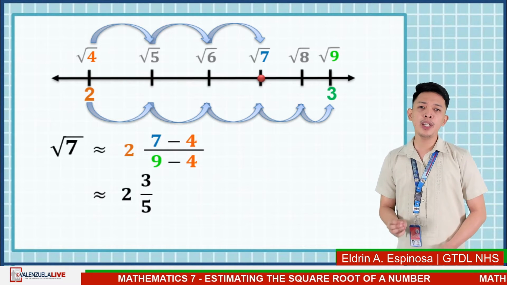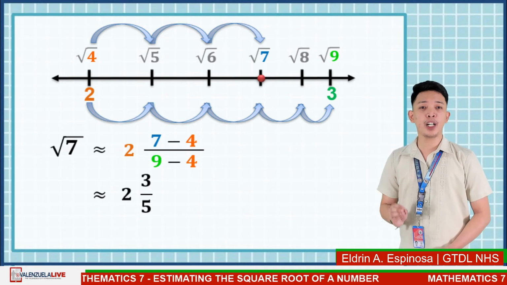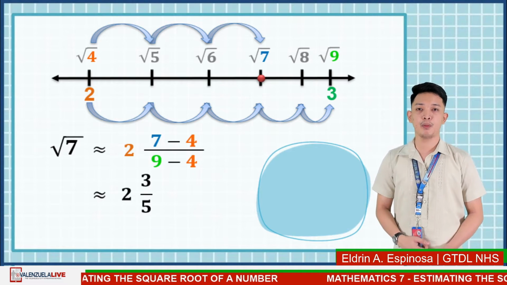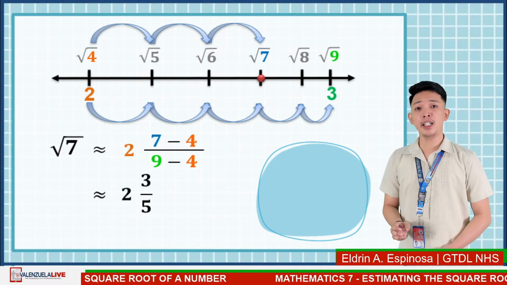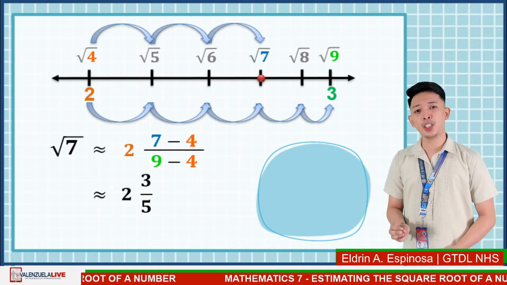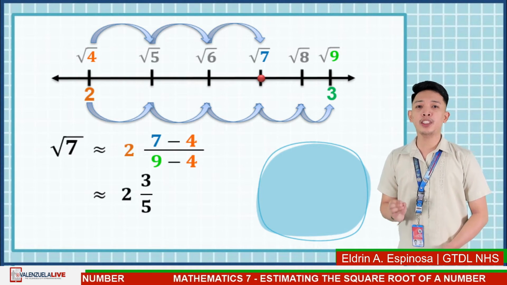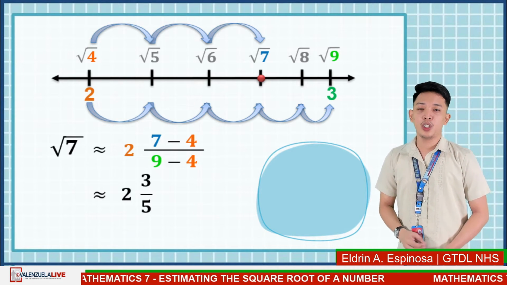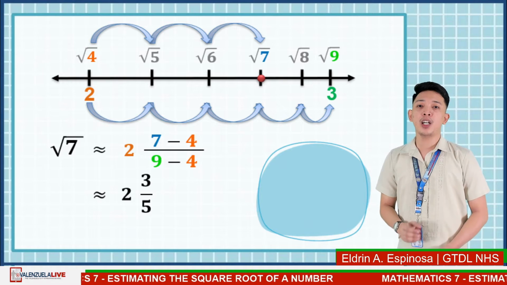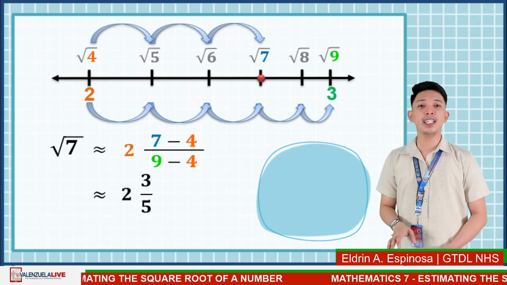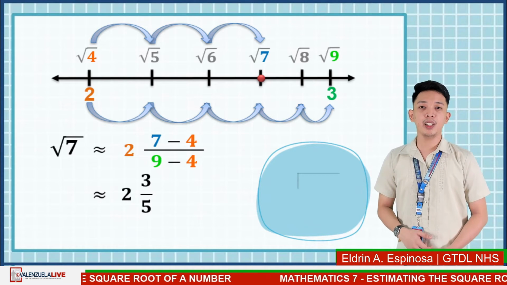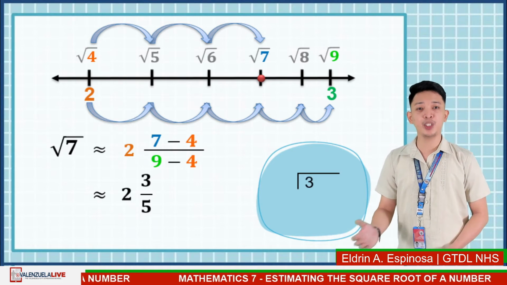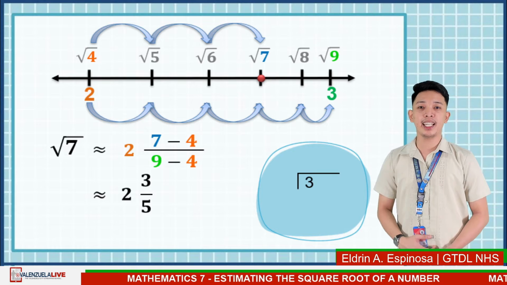Now, how are we going to convert 3 over 5 to decimal? Remember, to convert a fraction to a decimal, we will just divide the numerator by the denominator. So in 3 over 5, we're going to divide 3 by 5. 3 will be placed inside the division symbol as the dividend.